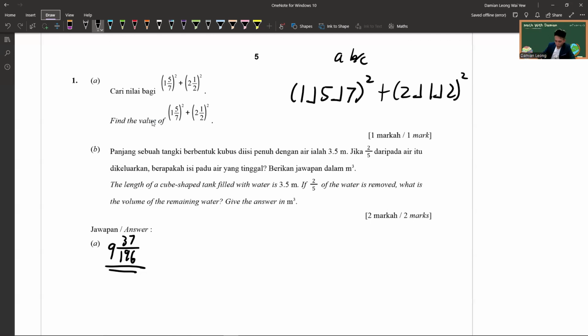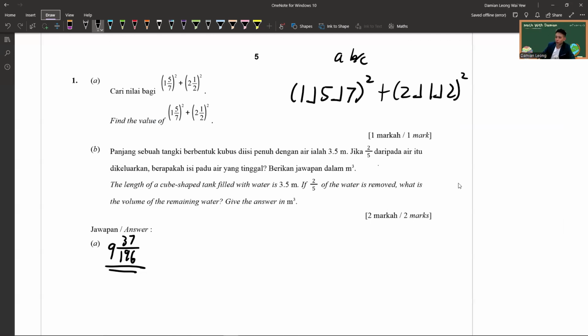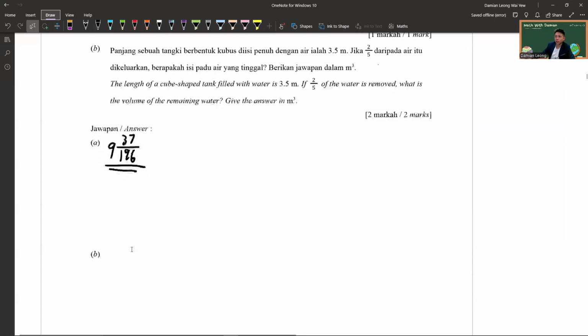Add together. They'll give you decimals, then you just press the fraction button to change it to fraction form. By default it will be mixed number. So, 9 37/196.